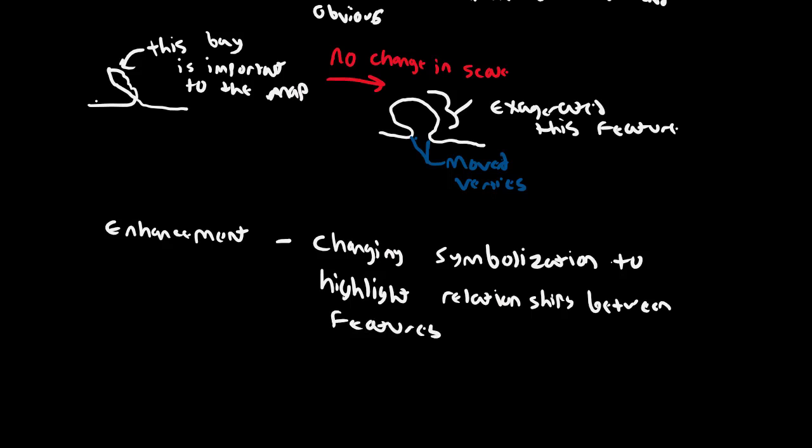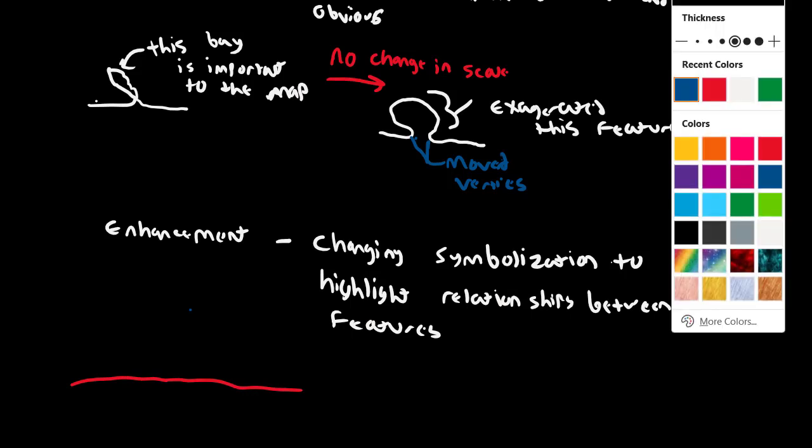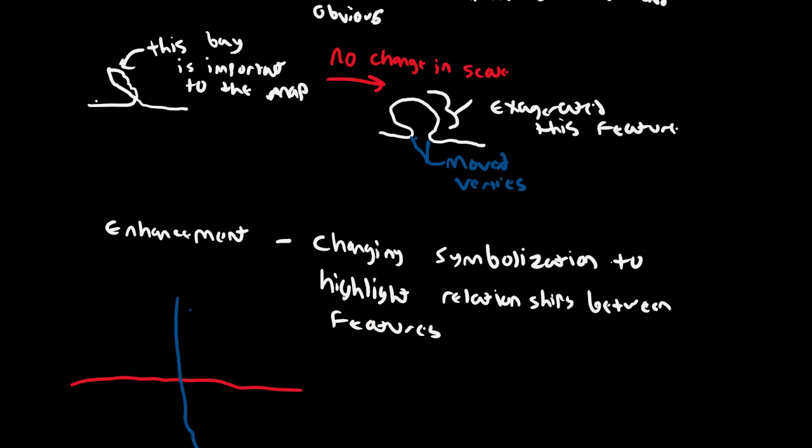And the symbolization versus geometry distinction is very important. So let's, for example, imagine we have two roads in the road data set that go like this. Now, we don't want to exaggerate so they cross. They have a cross here. So exaggeration would mean changing the geometry. We don't want to change the geometry, but we do want to highlight the fact that the blue line goes over the red line.